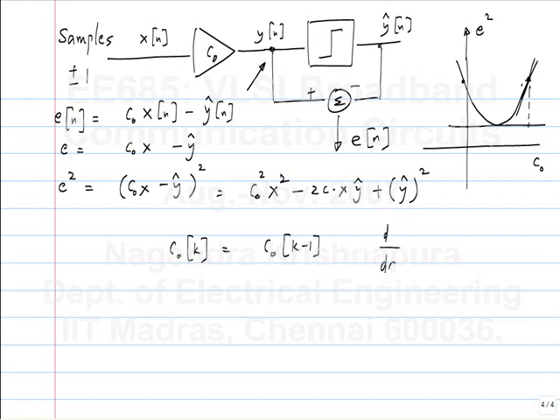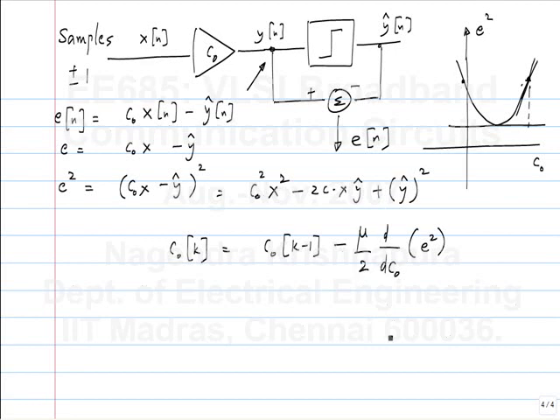Should this be plus or minus? Minus. Clearly, from this it's very obvious. If the slope of E square versus C0 is positive, I have to reduce the coefficient, and if it is negative, I have to increase the coefficient. And I'll have a scaling factor here.